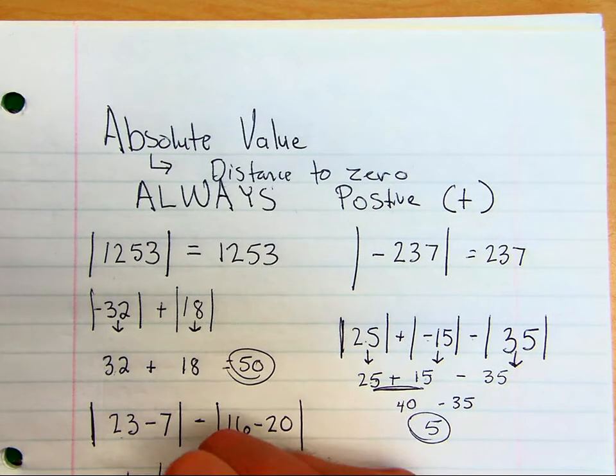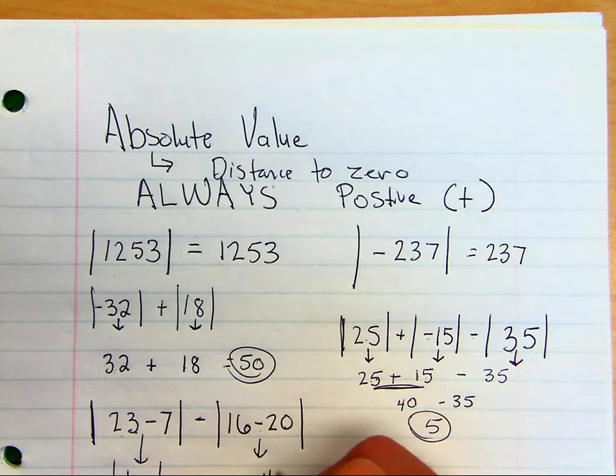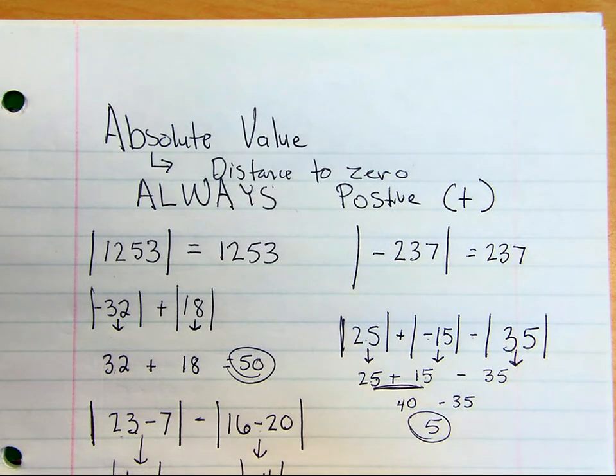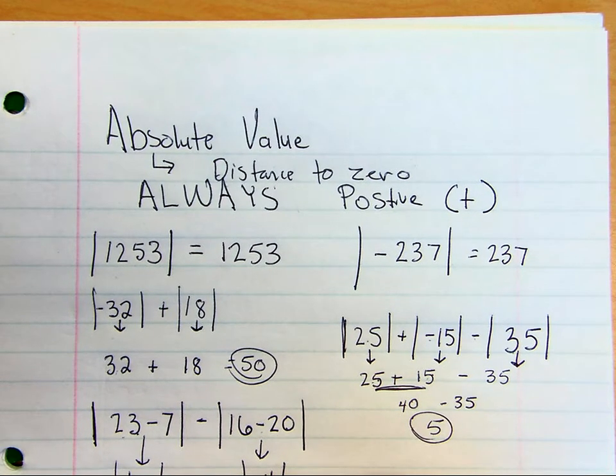Bring down my absolute value sign because I just solved the subtraction. 16 minus 20, that would be negative 4. So the absolute value of negative 4 is 4. Bring down the subtraction. The absolute value of 16 is 16. 16 minus 4 is 12.